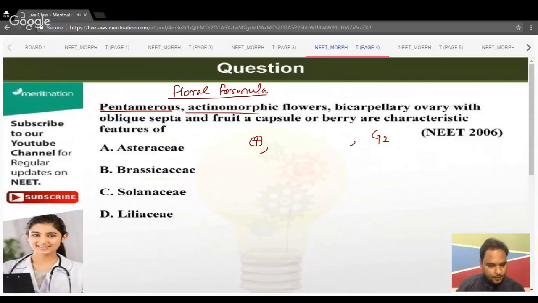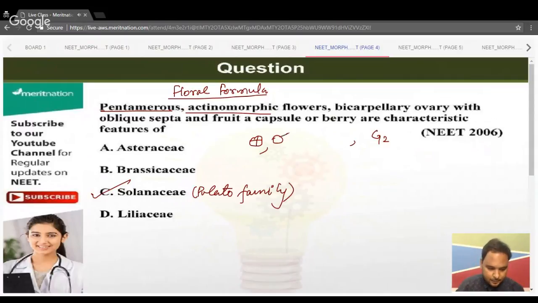Next, you have an actinomorphic flower, bicarpellary ovary with oblique septa and fruit capsule or berry. It's a characteristic feature of Solanaceae, the potato family.